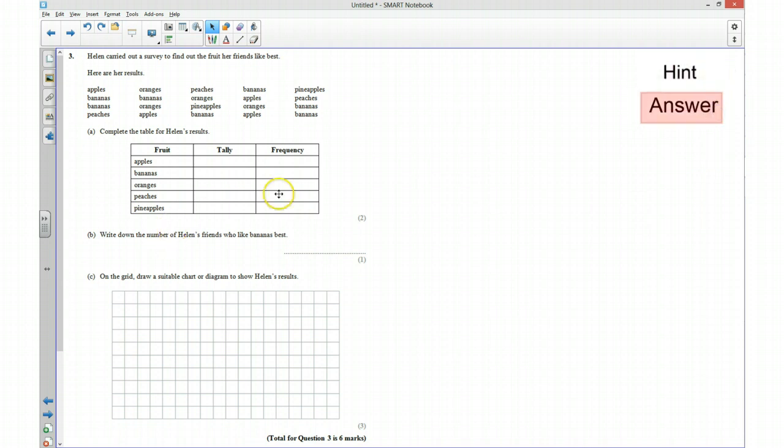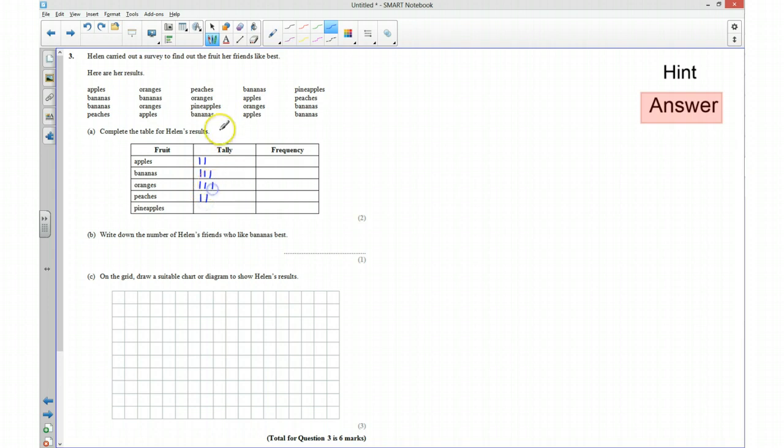Okay, I'm now going to go over the answers to this question. So starting with the first row, we've got apples, bananas, bananas, peaches. Oranges, bananas, oranges, apples. Peaches, oranges, pineapples, bananas.